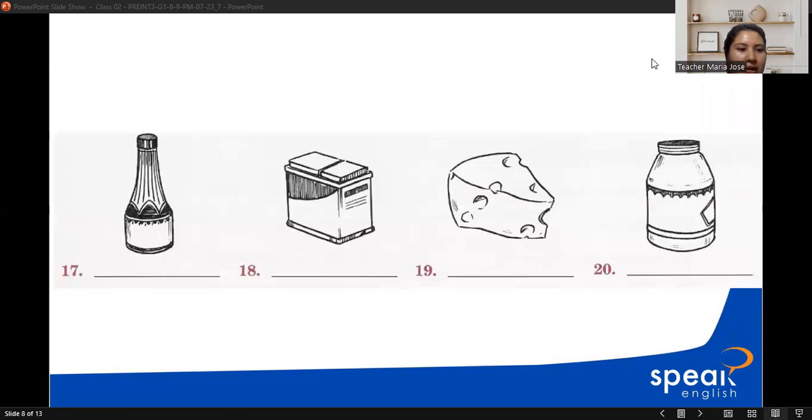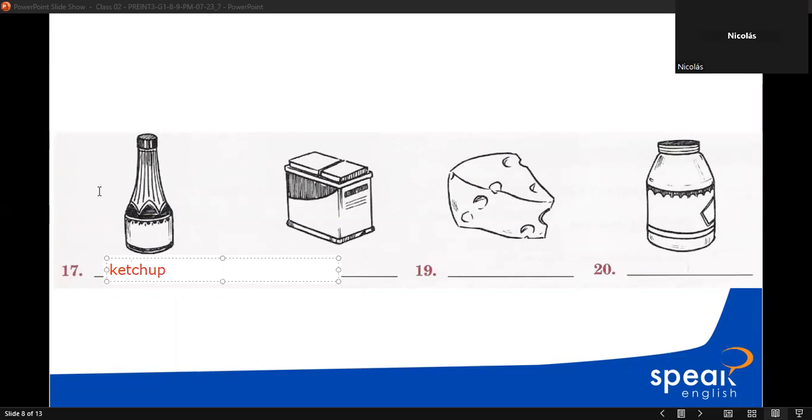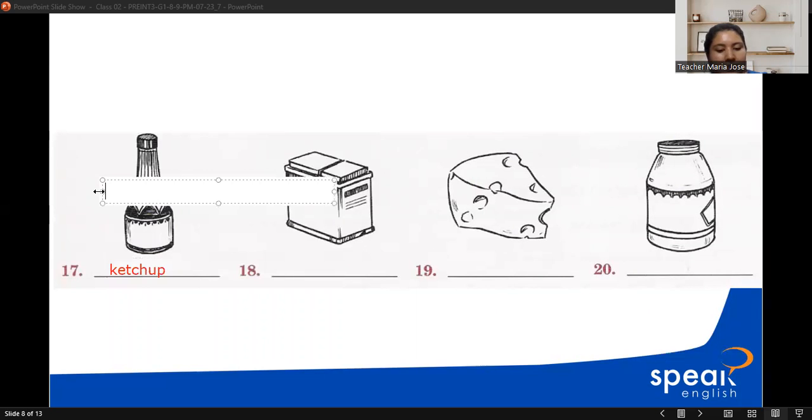Okay, number 17. Joran. Maybe it's ketchup. It could be. And this is uncountable. Excellent. Number 18. Gabriela.